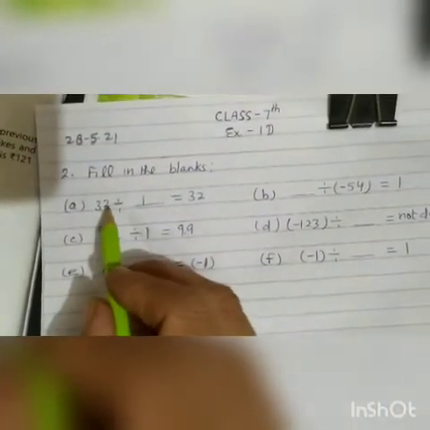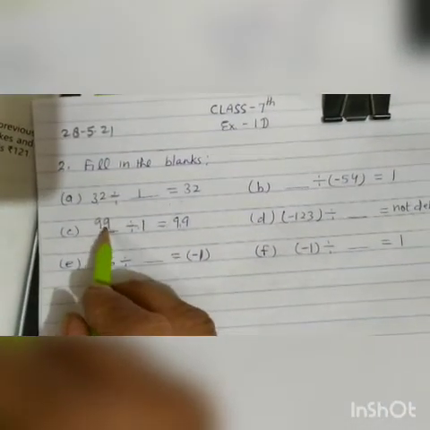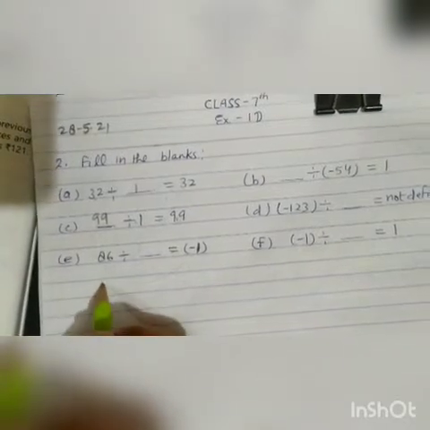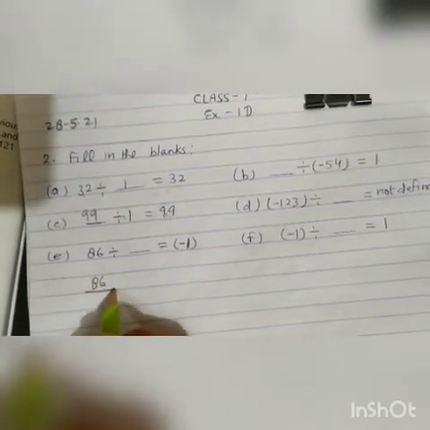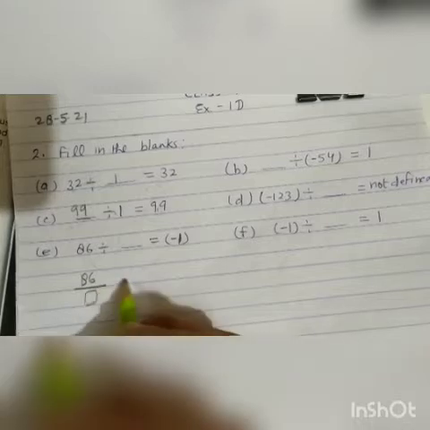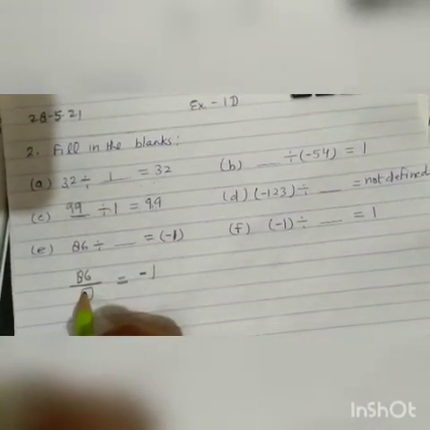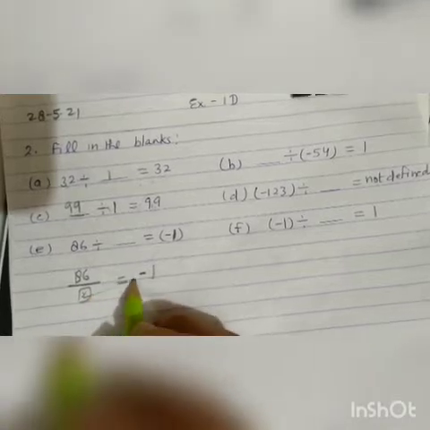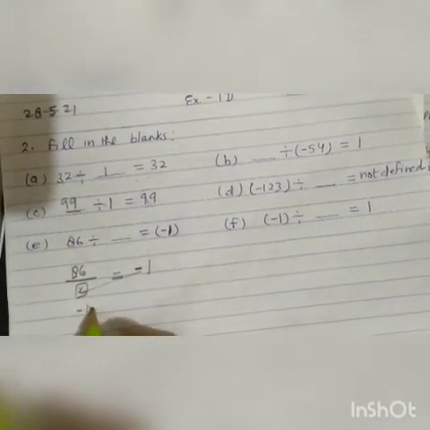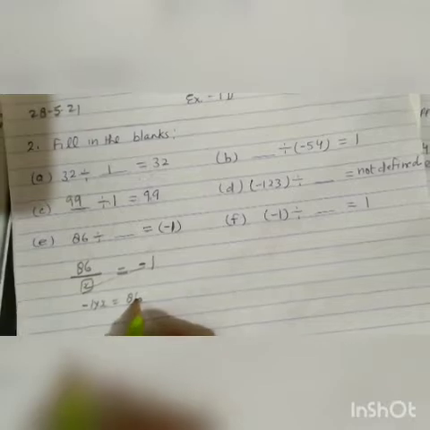Because see here, we are writing this one. This is 86 upon the blank is equal to minus 1. So if we take it as x, by cross multiplication it will be minus 1 multiplied by x is equal to 86.